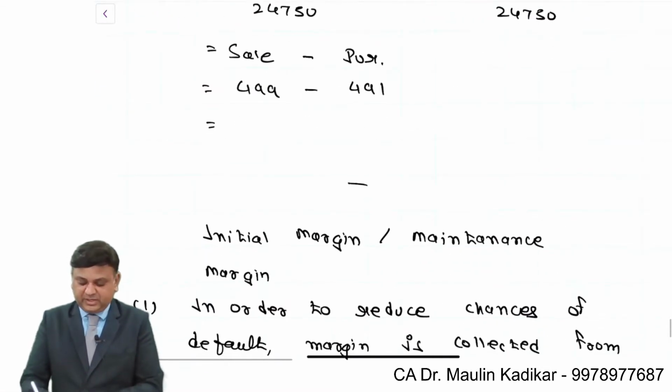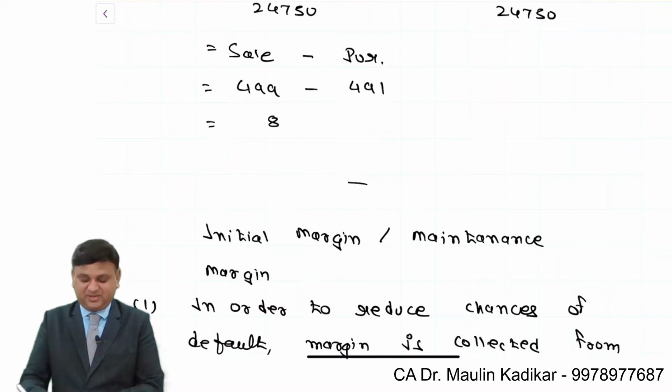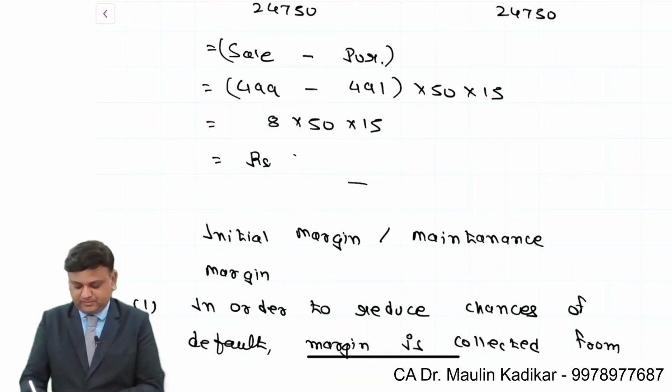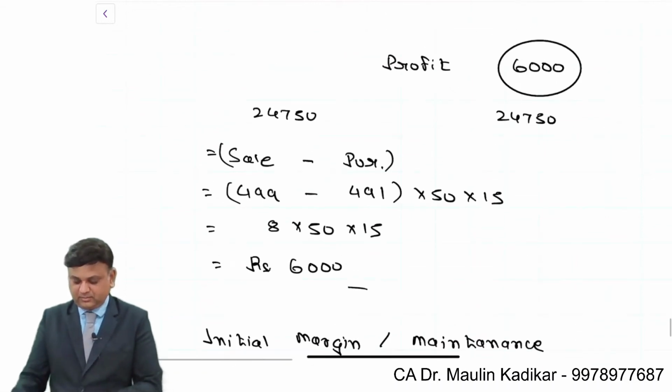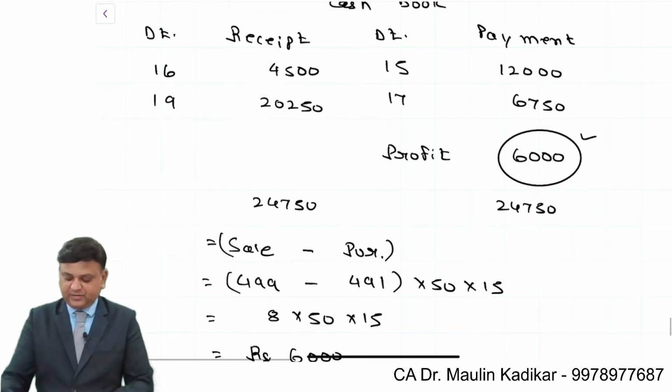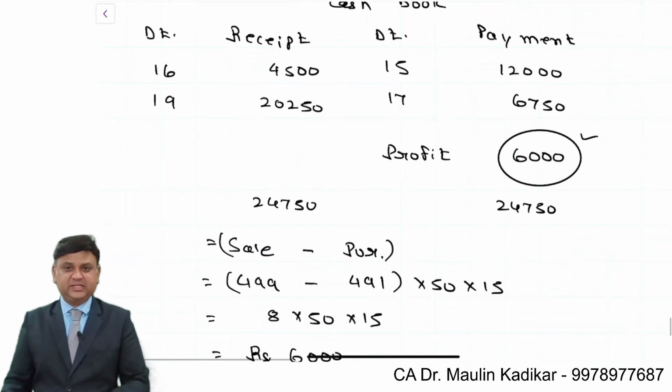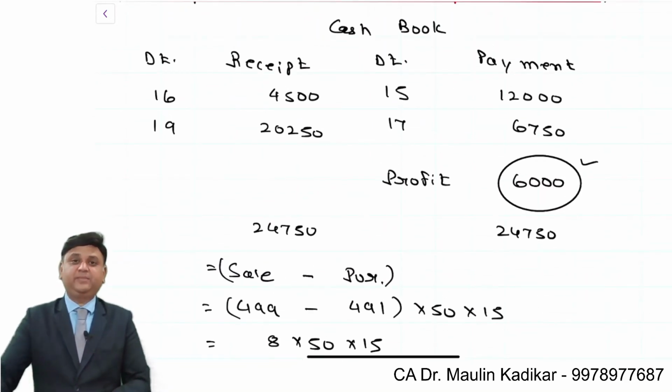The profit is 8 rupees per share. What is the lot size? Lot size is 50. That comes to 400. 400 into 15 comes to an amount of 6,000. That is the way the profit of 6,000 rupees can be cross verified. You may write down this cross verification only for understanding. Of course, it is not forming part of the answer.